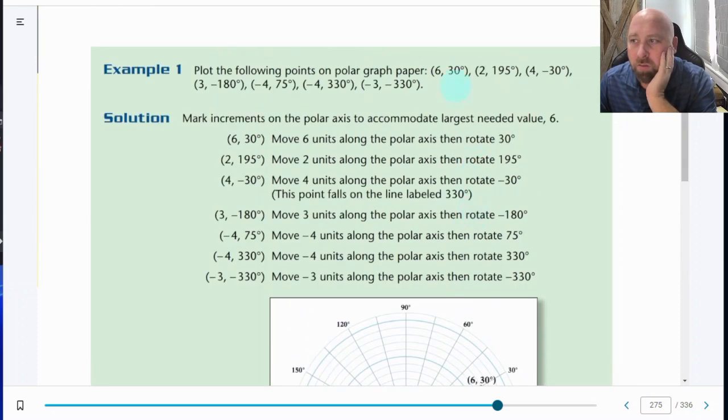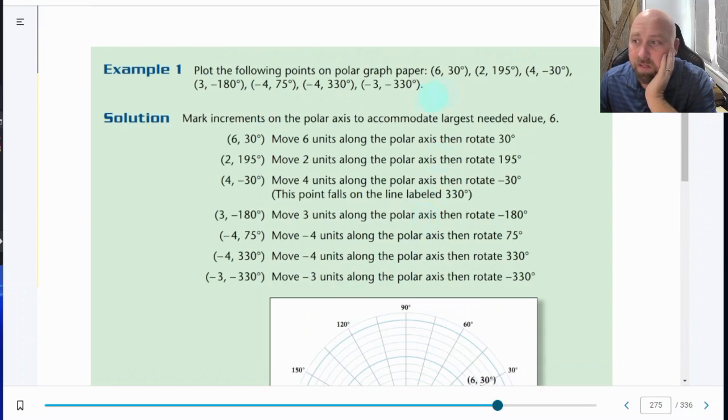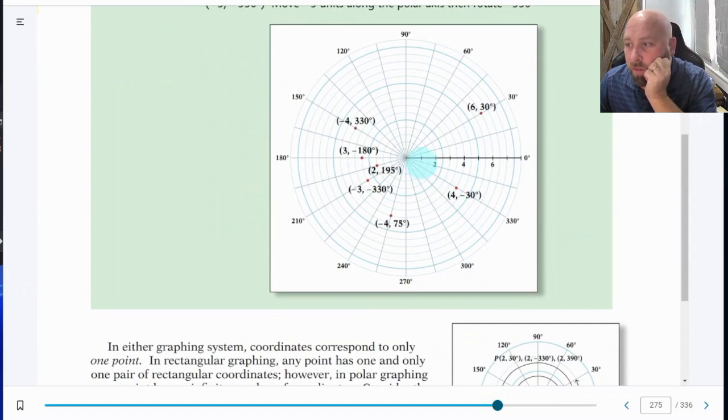Okay, so we go up here and say 6, 30. So what we want to do is go to the 6th ring, and we want to go up here to 30 degrees. There's 30 degrees on the 6th ring. If we were on the 2nd ring, we would go right here because that's 30 degrees on the 2nd ring. Okay, but we're on 6, 30, so there's our point. The next one, 2, 195. So we're going to go over here to the 2nd ring.